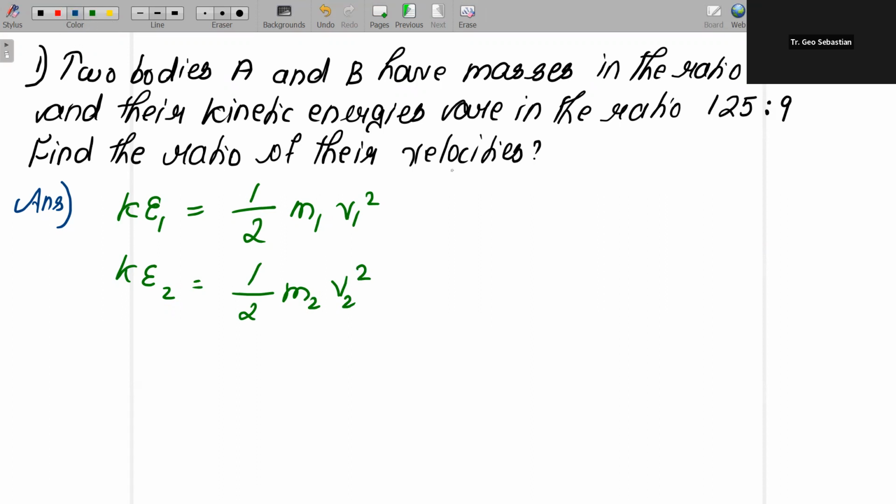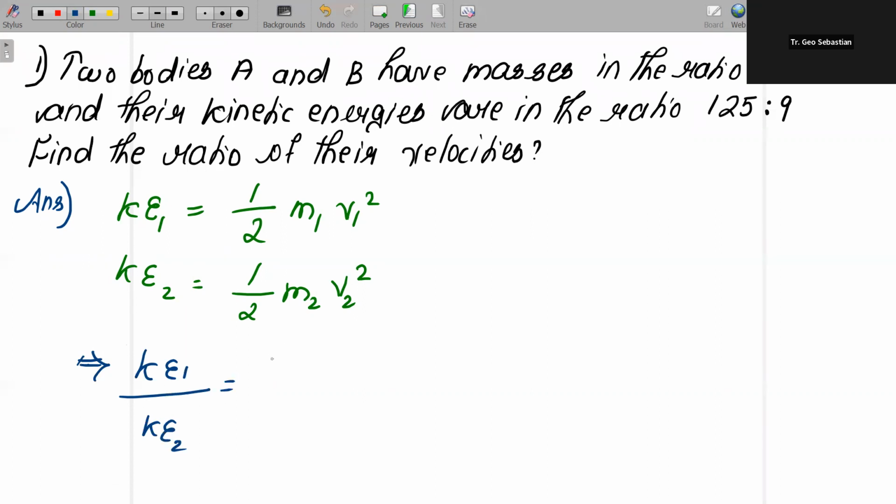Children, we have masses in the ratio 5:1, and we need to find the ratio of their velocities. So listen carefully, we are going to equate this. Ratio means you can do it like this: kinetic energy 1 divided by kinetic energy 2.